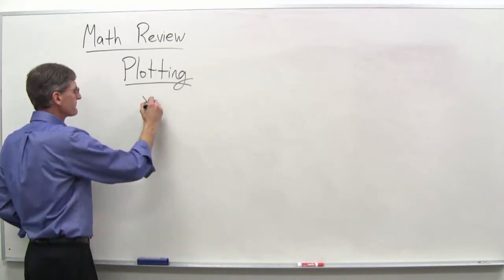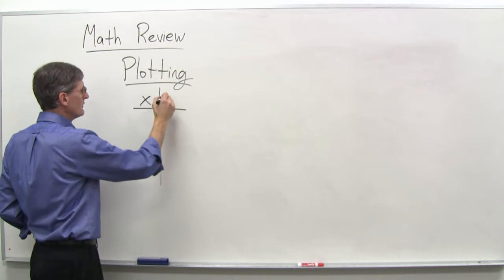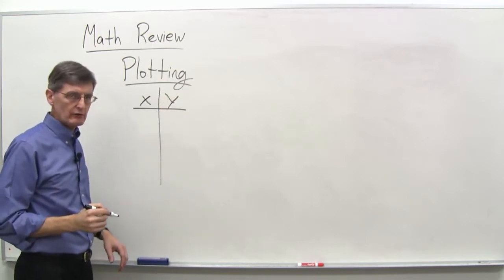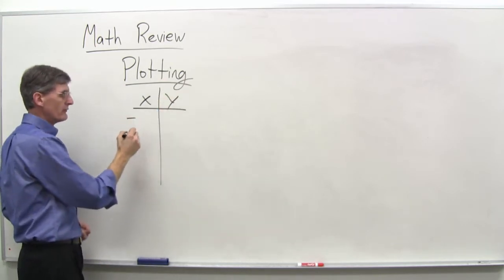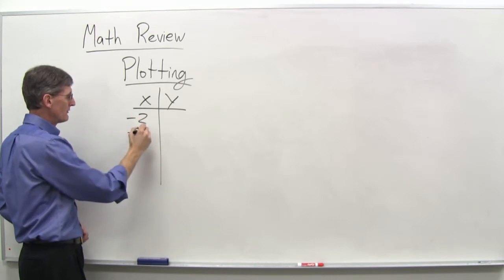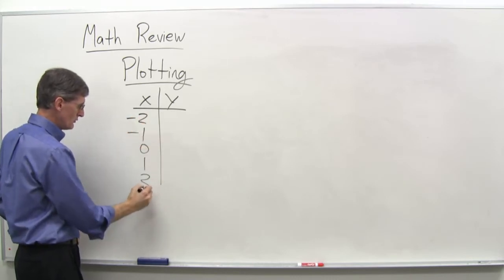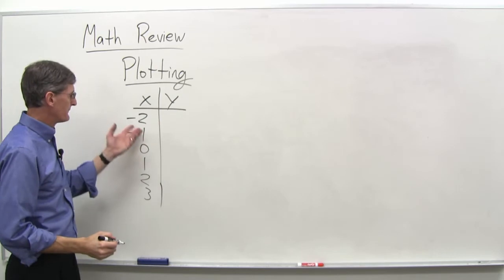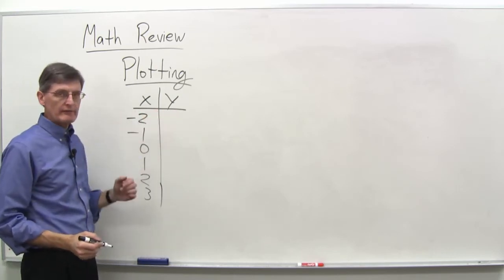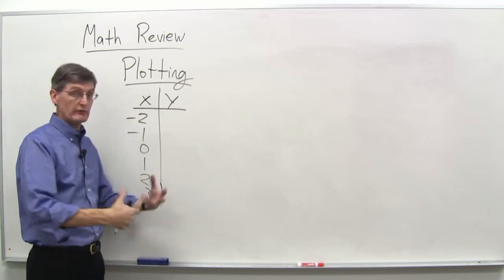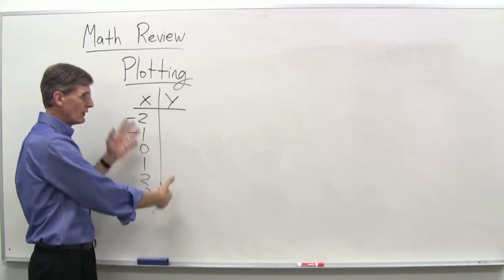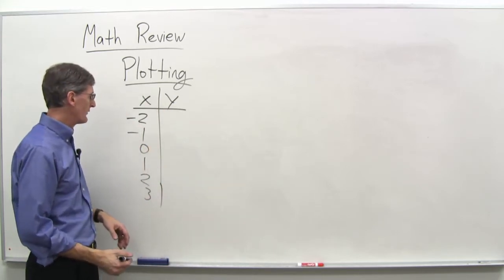If you've got some x and y values, maybe the values for x, often we choose these, maybe -2, -1, 0, 1, 2, 3. And given x, we can find a value for y, or maybe they're just given. Maybe there's some experimental data, and we know the x and y values, and we just want to plot them.